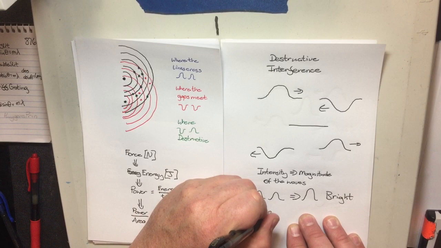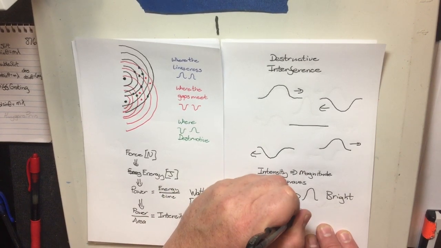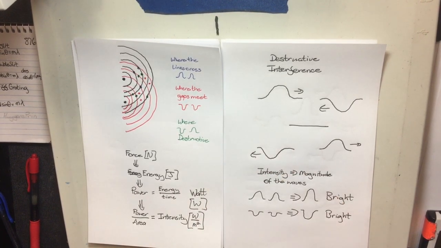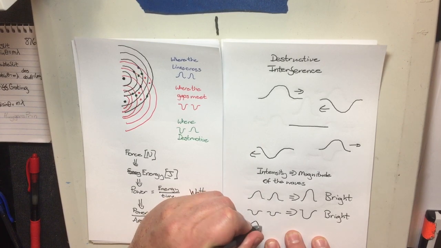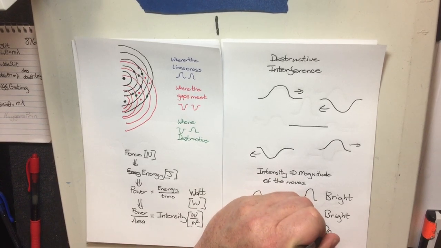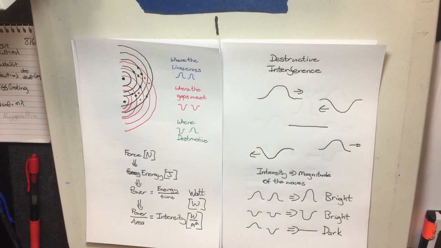A trough meeting a trough will give you a big trough, and again, we have bright. Because the energy is there, the energy is in the electric fields and the magnetic fields going in the opposite direction of what it is for peak to peak. But for peak meeting trough, you get dark. So in the areas of destructive interference, you would get a dark spot. You would get an area of low intensity.